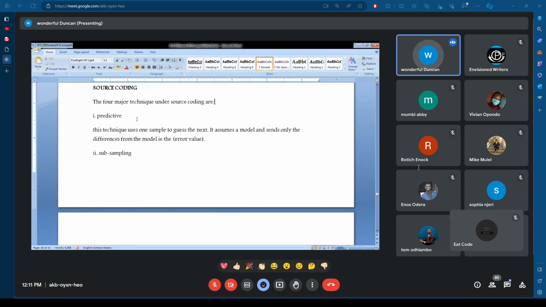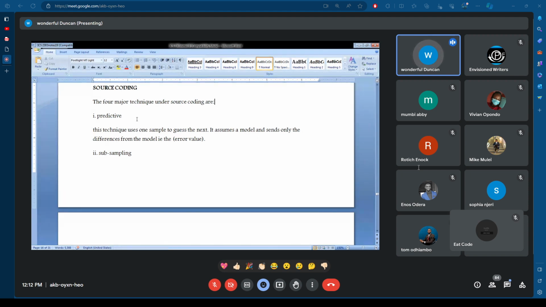This is what predictive means. Remember, we are dealing with audio, video, graphics, or images. We are compressing an element of a multimedia application.